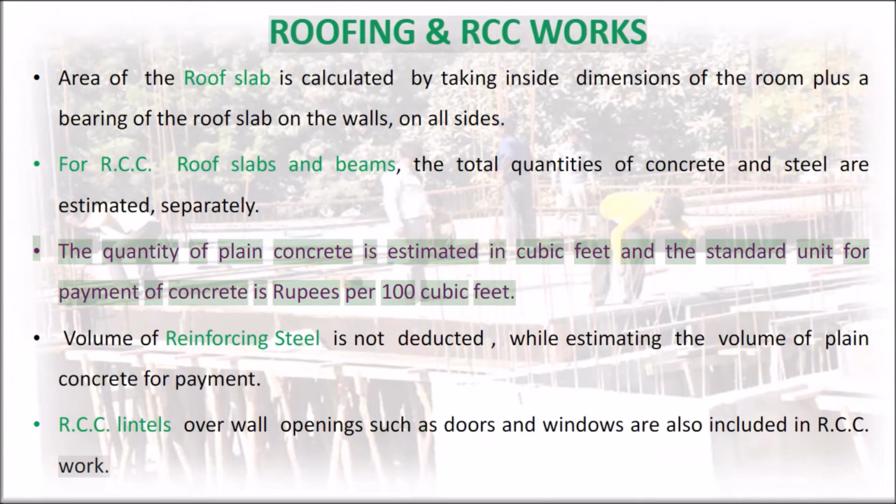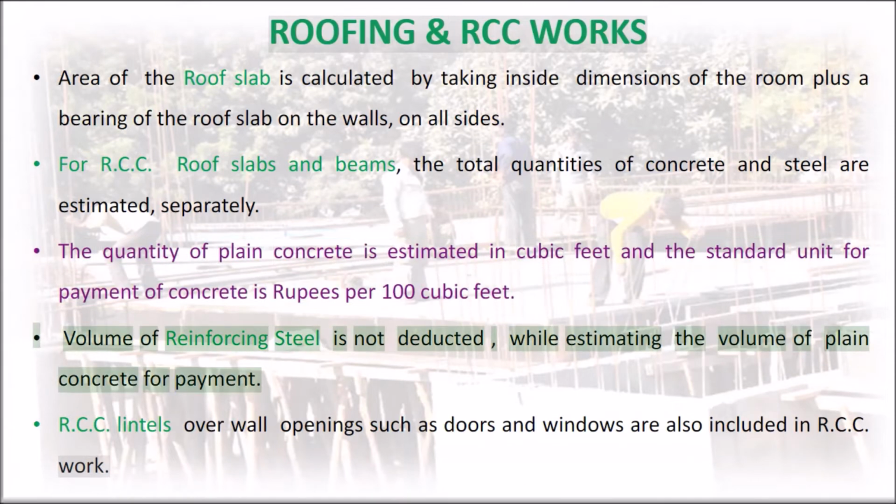The quantity of plain concrete is estimated in cubic feet and the standard unit for payment of concrete is rupees per 100 cubic feet. Volume of reinforcing steel is not deducted while estimating the volume of plain concrete for payment.